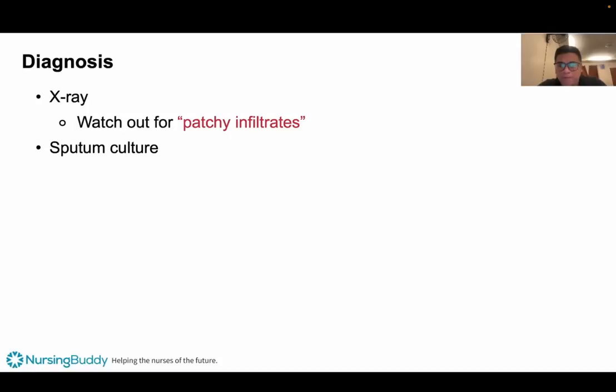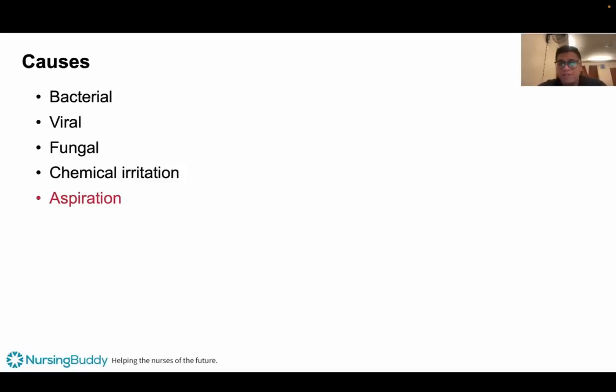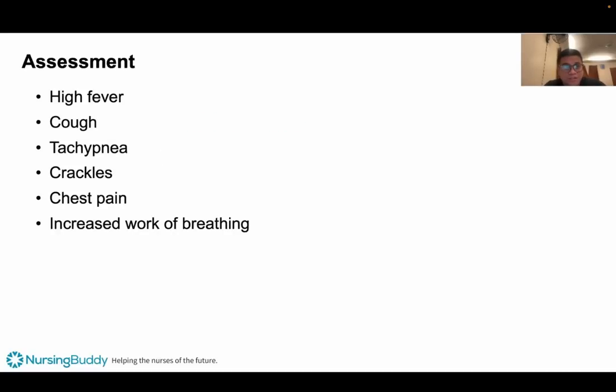That is to identify if it's bacterial, and if so, what type of bacteria is there, so we can know how to manage our patient. For aspiration pneumonia, we don't easily jump to antibiotics, because antibiotics are used for the bacterial cause of pneumonia. So remember that one.